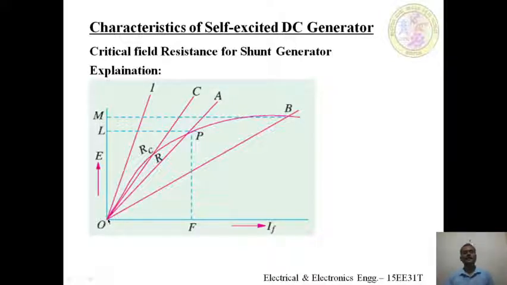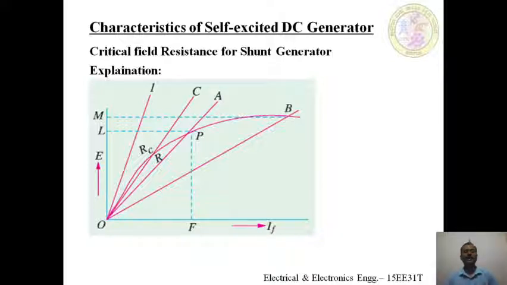The shunt generator is started and operated as a shunt generator. You know that in the field winding there already exists some residual flux. Due to that, some EMF is induced in the generator that circulates some current in the field winding.